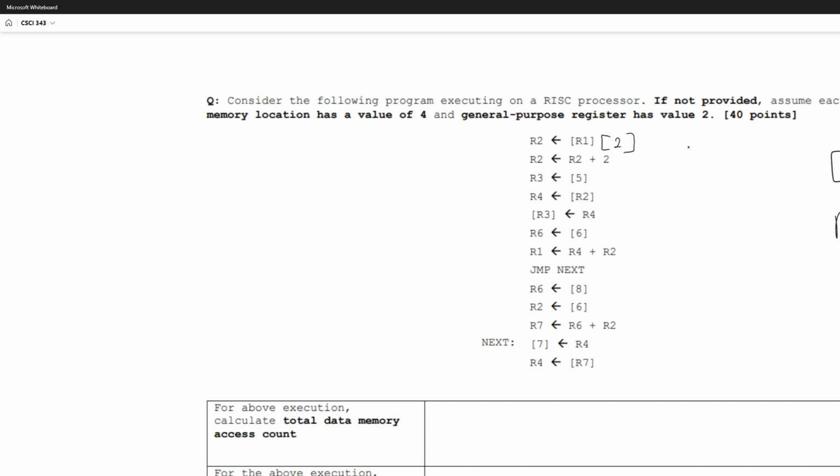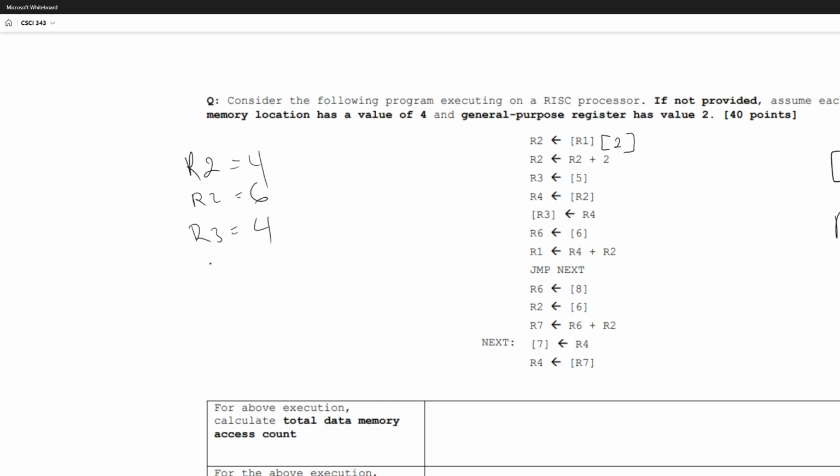So this is actually R2 will have 4, and the second line R2 plus 2, so R2 will then equal 6. And then R3 will have a 4 because at address 5, that'll have a value of 4 by default.